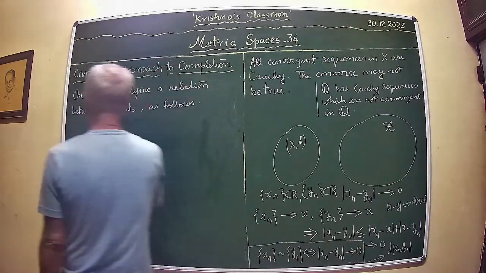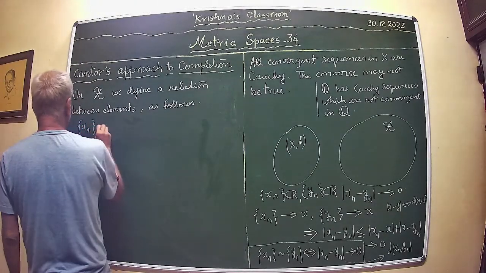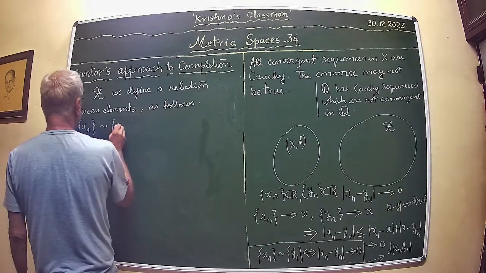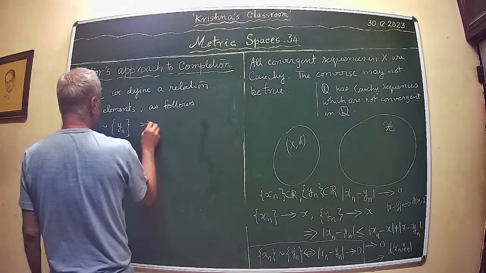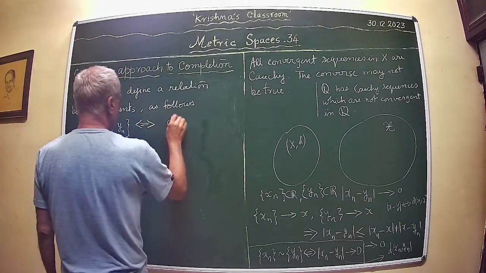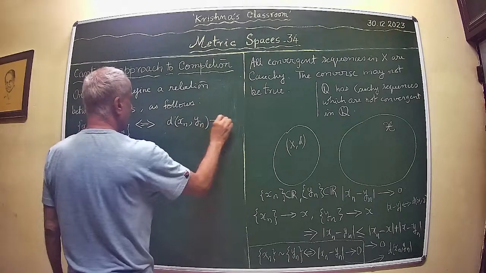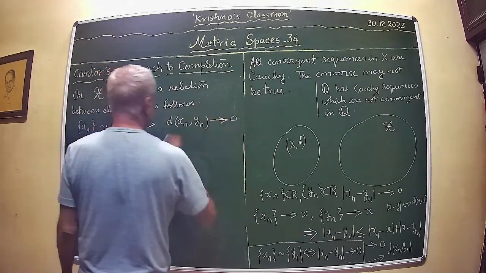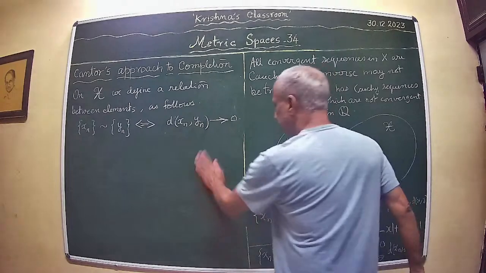We say that xn is related to yn if d(xn, yn) goes to 0. That's a relation that we use.